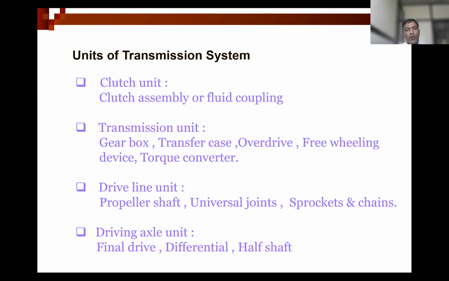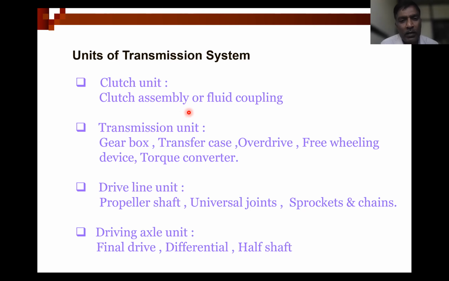So units of the transmission system, under this, the first one is the clutch unit. So here you can see the clutch assembly or the fluid coupling. So clutch assembly may be single plate, may be multi plate, and may be the Okay.